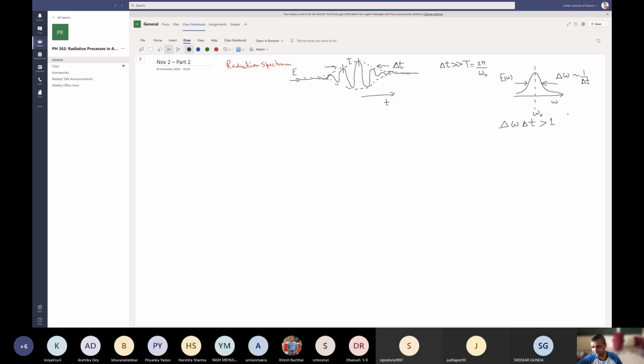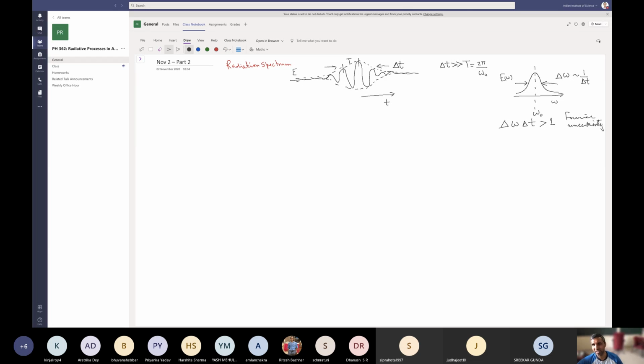This is called Fourier uncertainty, and it is mathematically the same as Heisenberg's uncertainty principle, because p space and x space are Fourier transforms of each other.